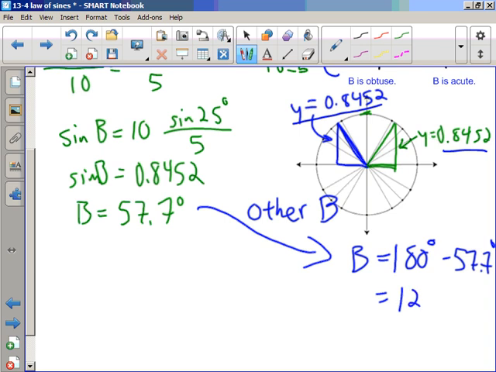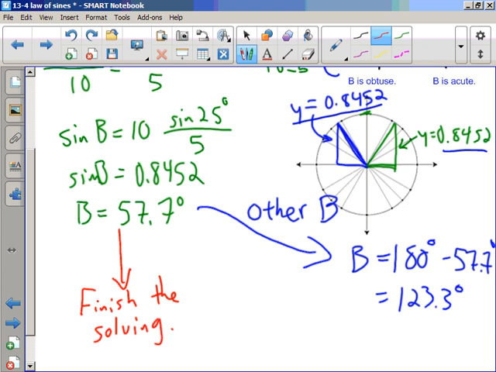Okay. So that's the other value of B, and since we're about out of time, basically what it boils down to, or at least the video is getting too long, I can make this video as long as I wanted to, but you guys are probably out of patience. You would finish the solving of the triangle, all right, like we did today in class, like I did in the video yesterday, and you get one triangle.